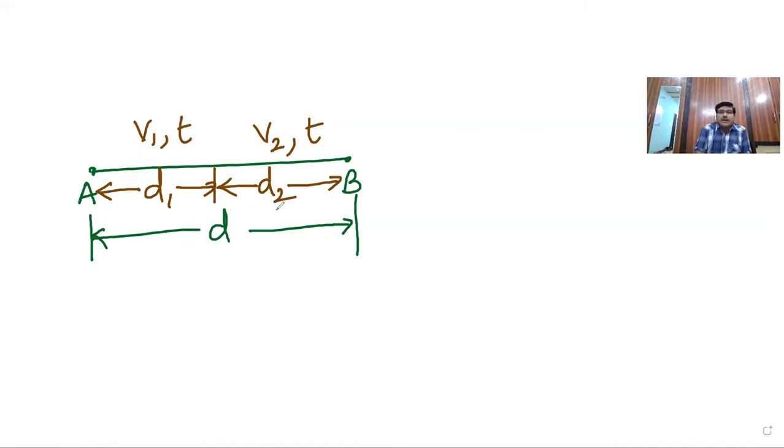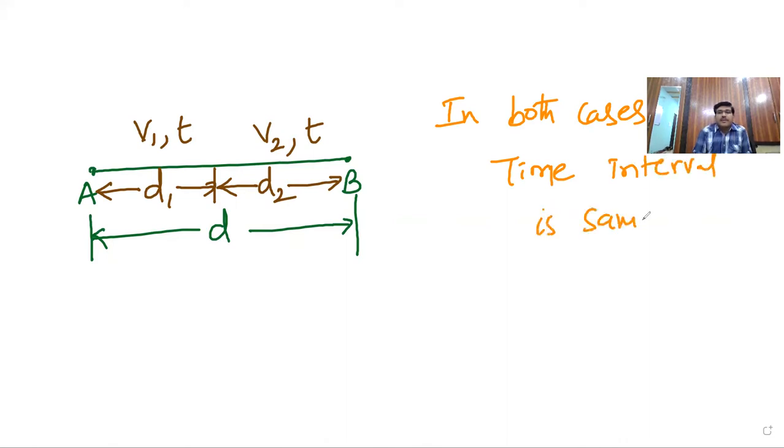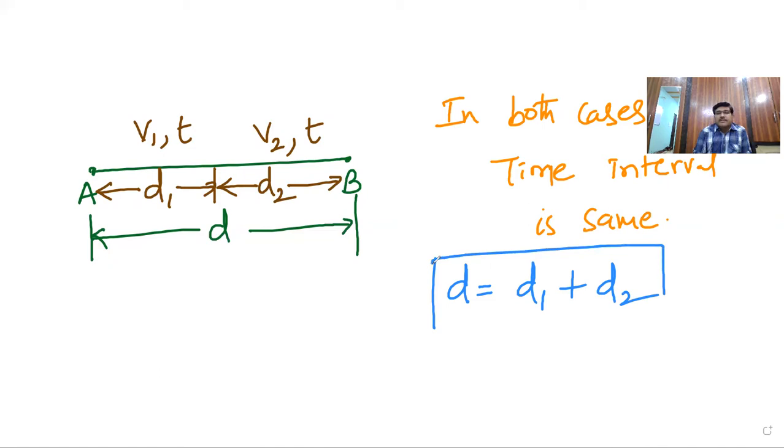Clear? Now observe, what is the total distance traveled? D, which can be written as D1 plus D2.